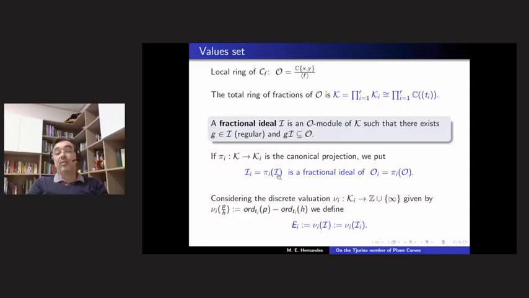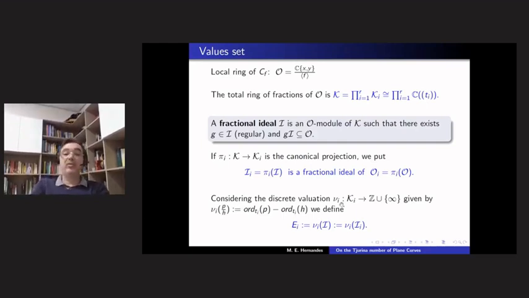The projection of a fraction ideal of O is also a fraction ideal of O_i. O_i in this case is the projection of the local ring O of the reduced curve, but in this case, O_i coincides with the local ring of each branch, F_i.